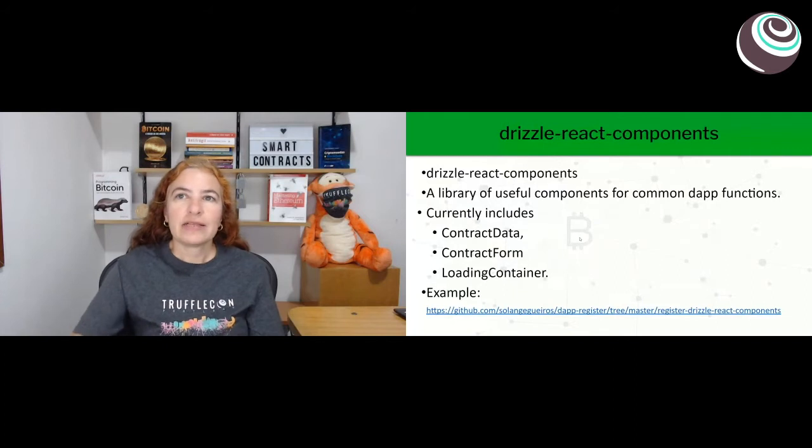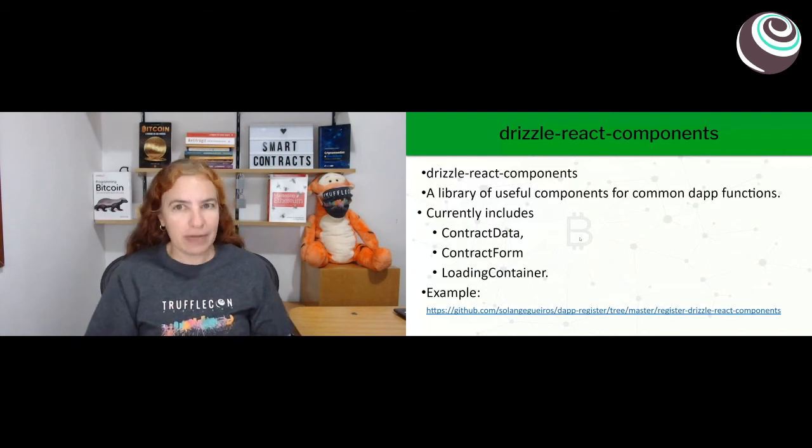And the Drizzle React components is a library of useful components for common app functions. Now it includes the contract data, so we can read the information in the smart contract.